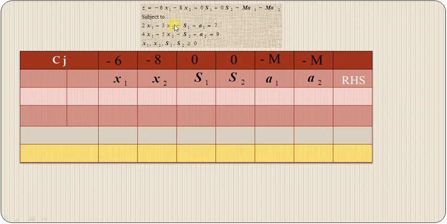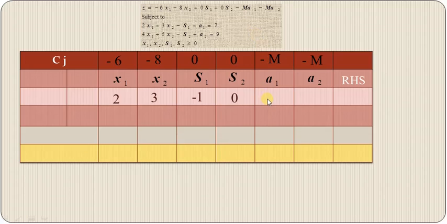Similarly, for the constraint equations, first of all we can write here from the first equation the coefficient of x1, that is 2. You can write here 3, then -1. Then there is no s2 value in the first constraint equation, so we can write 0 here because s2 is not appearing in the first equation.